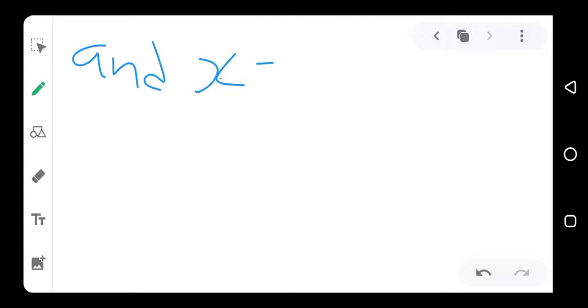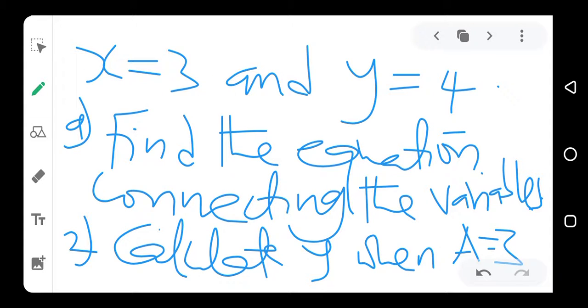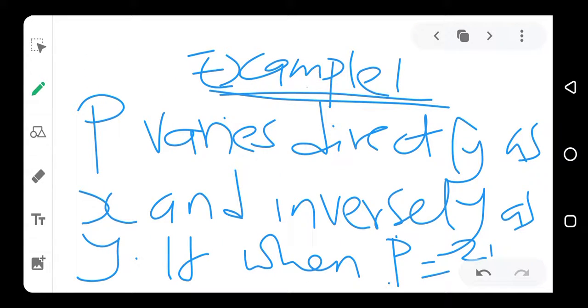Okay, now if you look at this question very well, you will see that it contains both direct and indirect variation. That is not the major concept that joint variation is talking about actually. It is not whether it contains both of them.